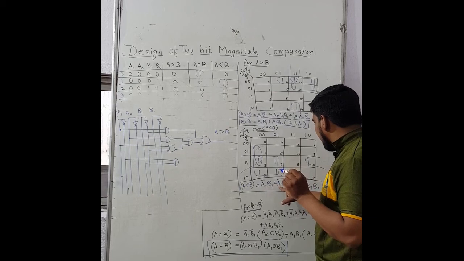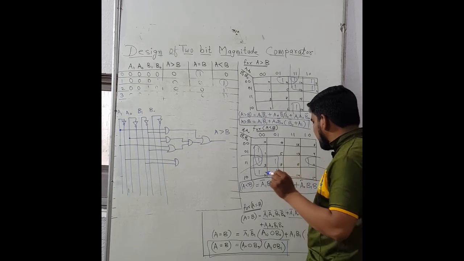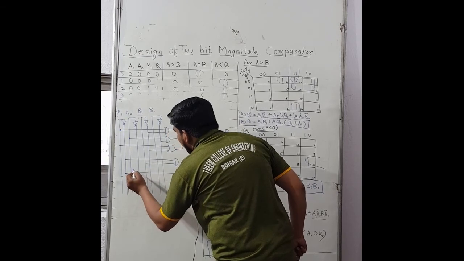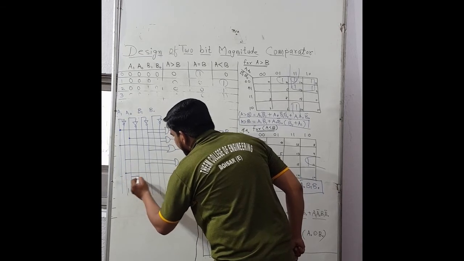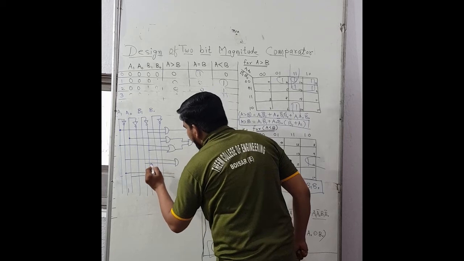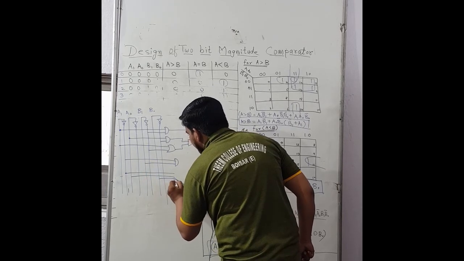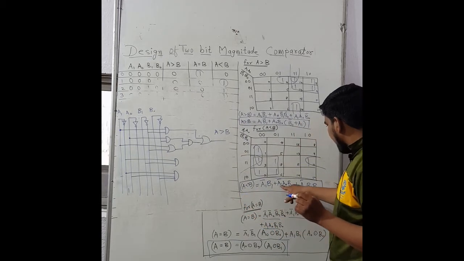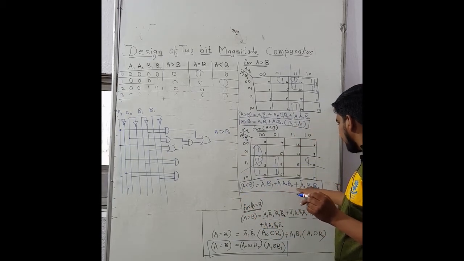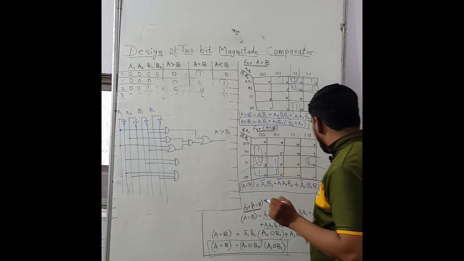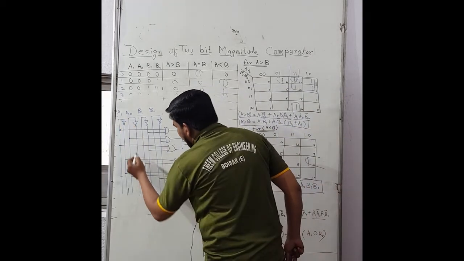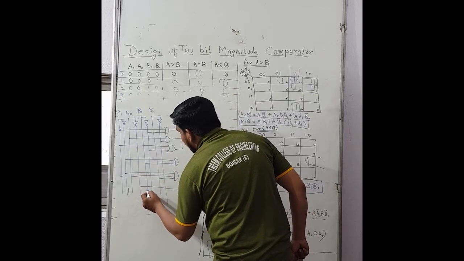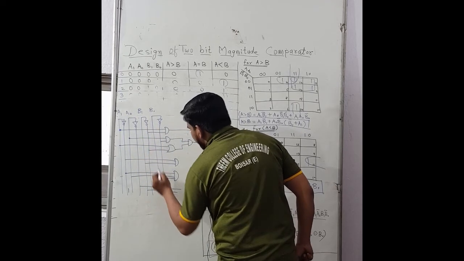Then A1 bar A0 B0, A1 bar, A0, into B0, all are ANDed. Then A0 bar B1 B0, this is A0 bar, this is B1 and this is B0.